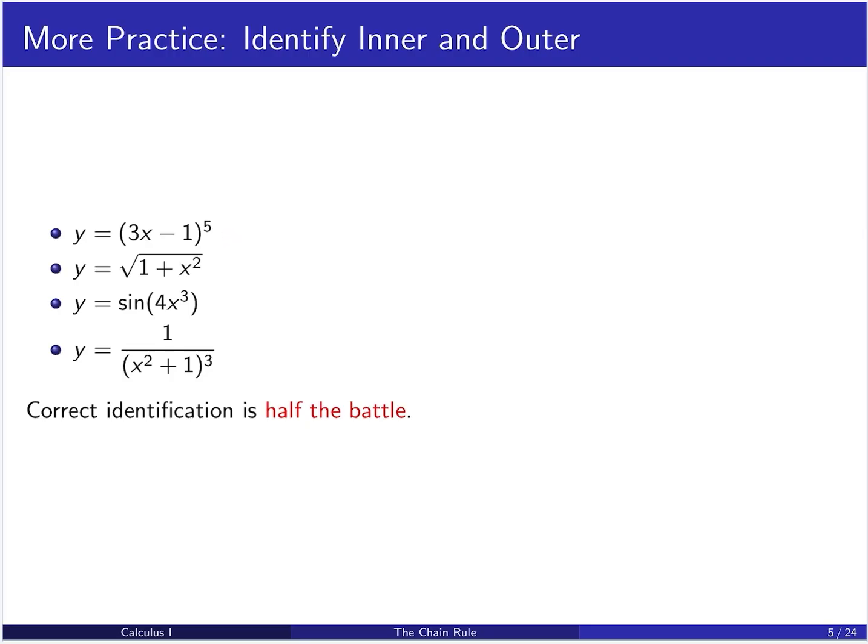Let us go through them together. The last operation is raising to the 5th power. So if we call 3x minus 1 u, the outer function is u to the power 5.